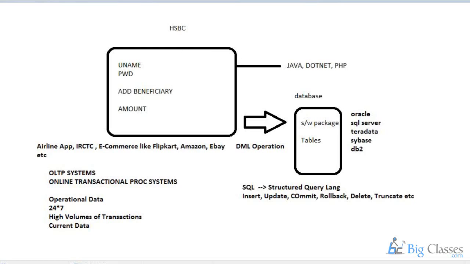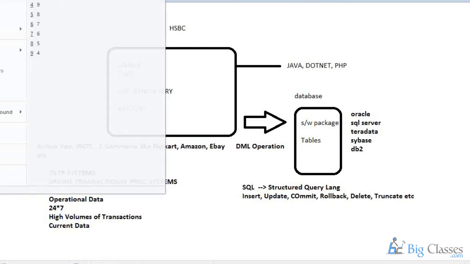We'll have to understand. Let's say we have 3 OLTP applications of HSBC bank. One OLTP system, basically all the core banking transactions, are stored here.